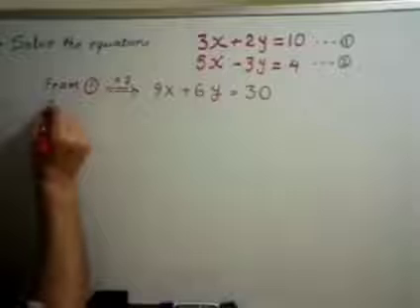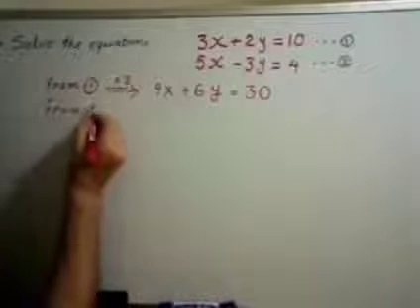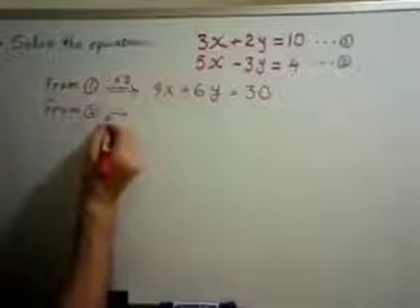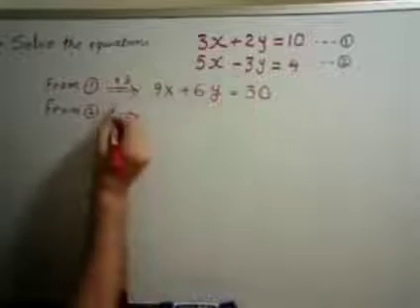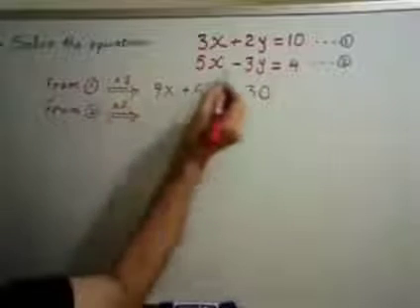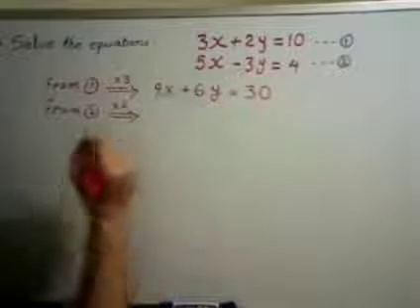And from equation number 2, we can multiply by 2 here, to get 6. 2 times the 3, that means 6, to be 6 like here.